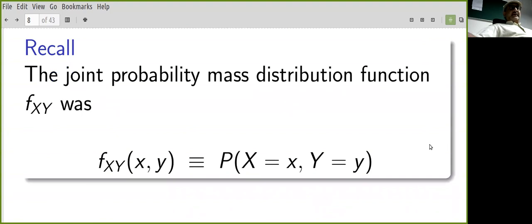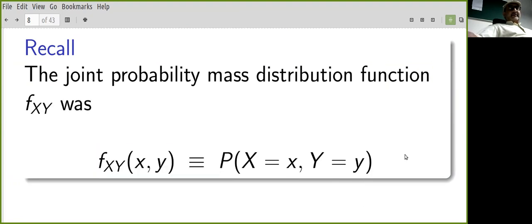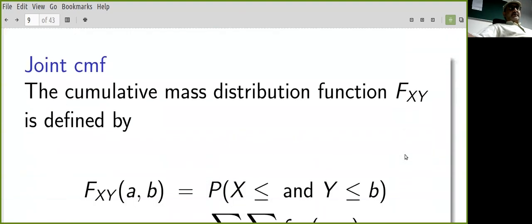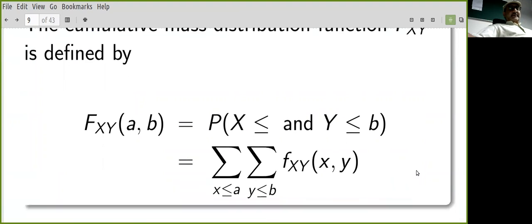So recall that the joint PMF f sub xy was defined to be the probability that X is equal to x and Y takes the value y. So then we define the joint cumulative distribution, F sub xy of a, b, as the probability that X is less than or equal to a, and at the same time that Y is less than or equal to b.